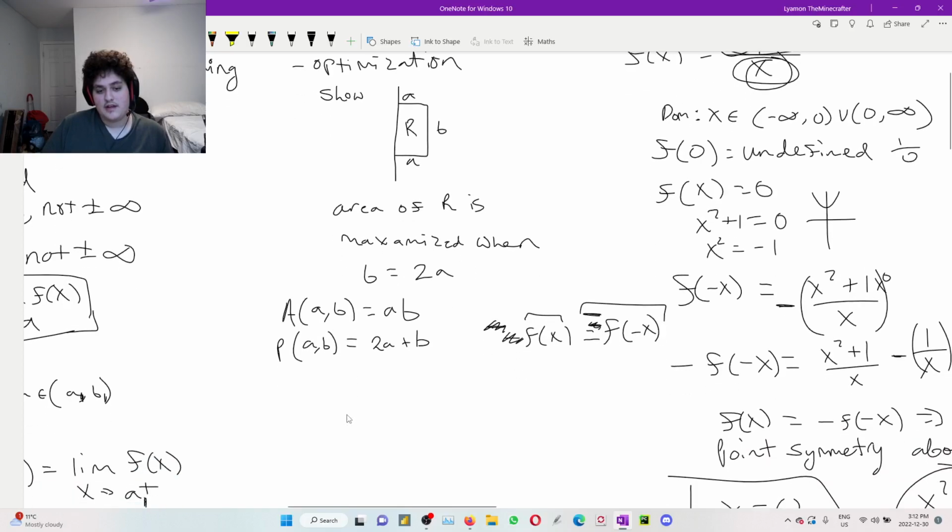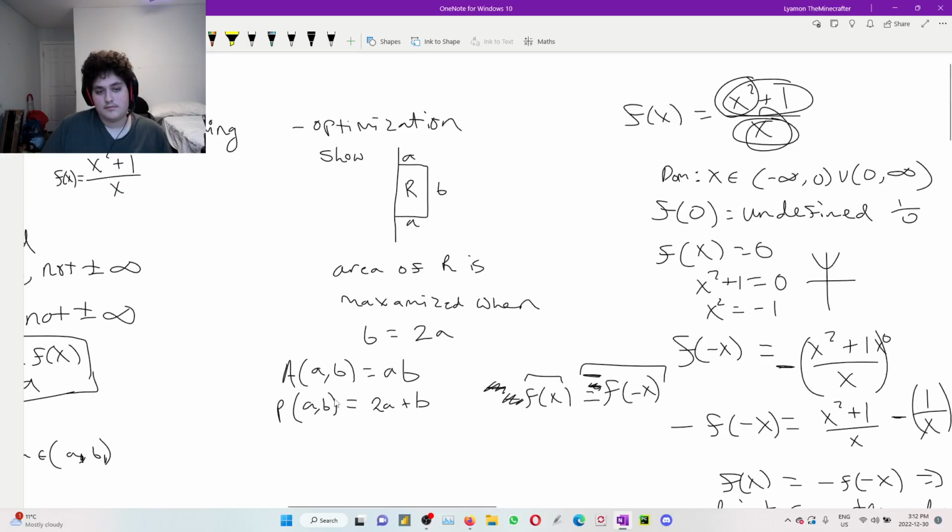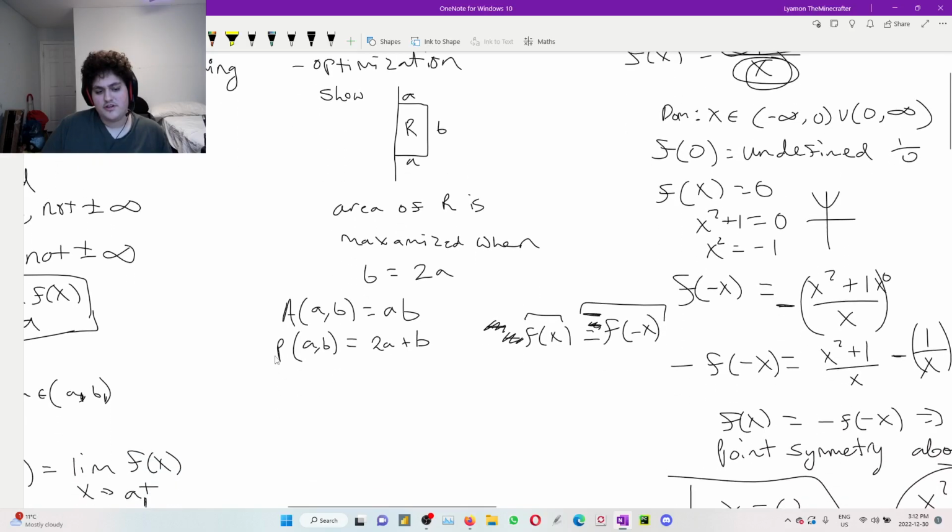We also know that the perimeter will be some constant value. Let's call it p. It's just a constant value.